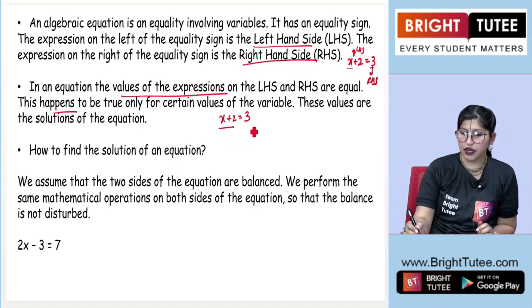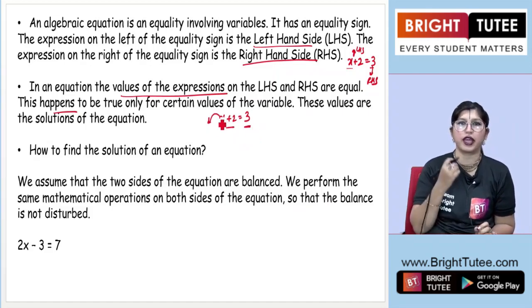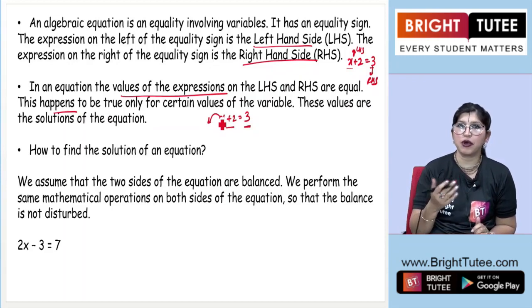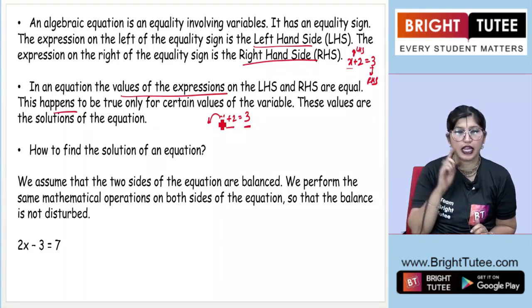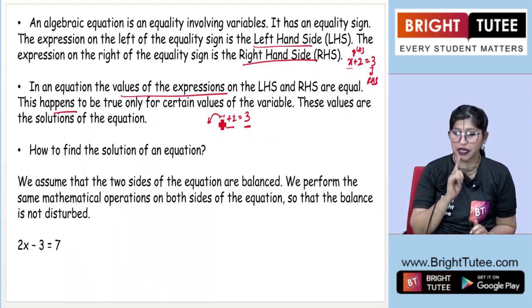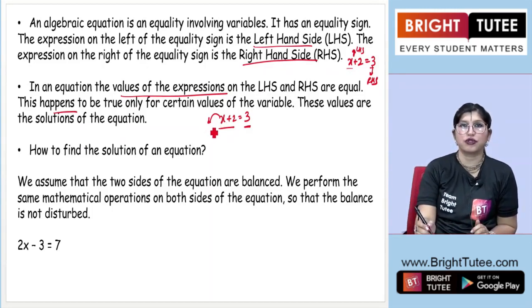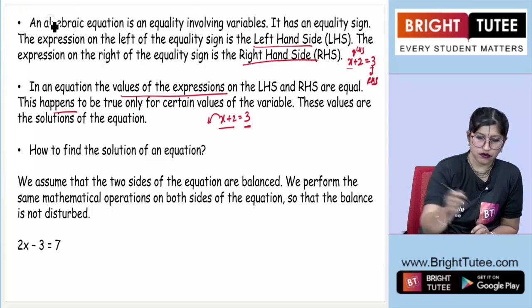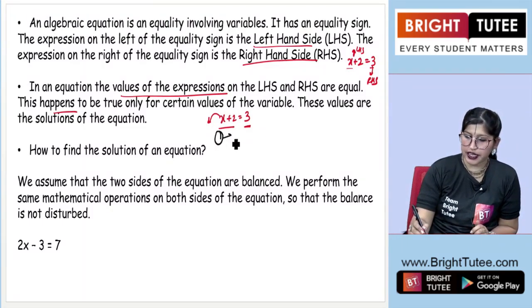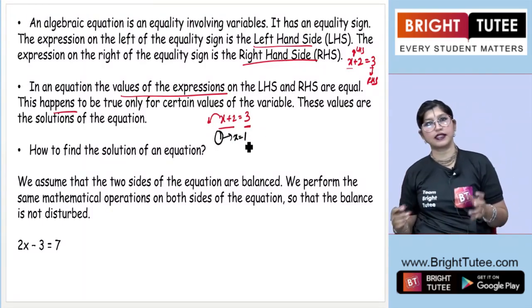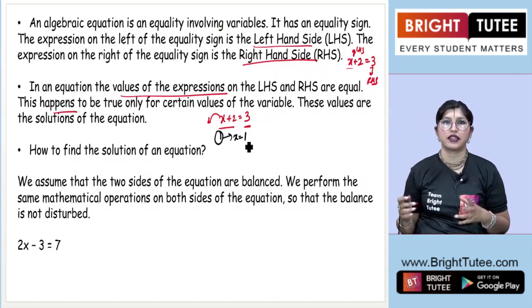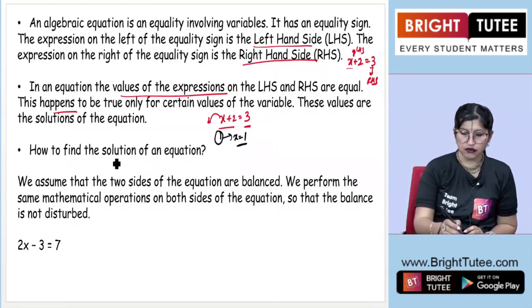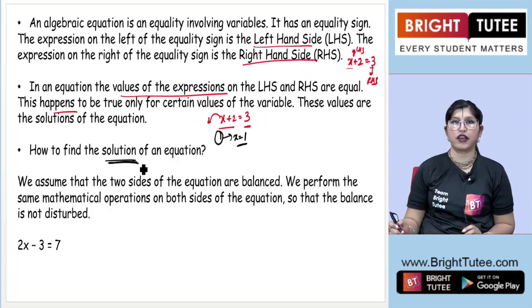Now the left hand side would be equal to the right hand side only for some specific number, not any number. If I write x as 1, then I can say that the left hand side is equal to the right hand side. Then this 1 is called the solution of the equation.